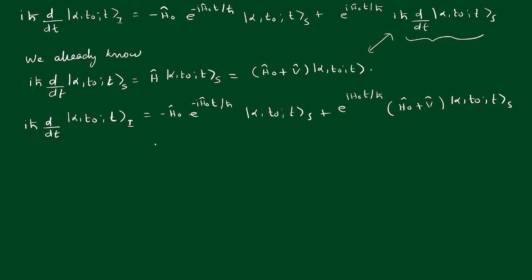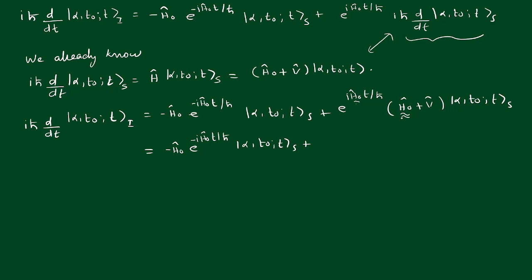I think I'll do the cancellation first. So this I can write as minus H0 e raised to minus i H0 hat t by h cross alpha t0 t in the Schrodinger picture, plus, if you look at this term, there's an H0 hat sitting here, and this also an H0 hat, but they commute because it's the same operator.